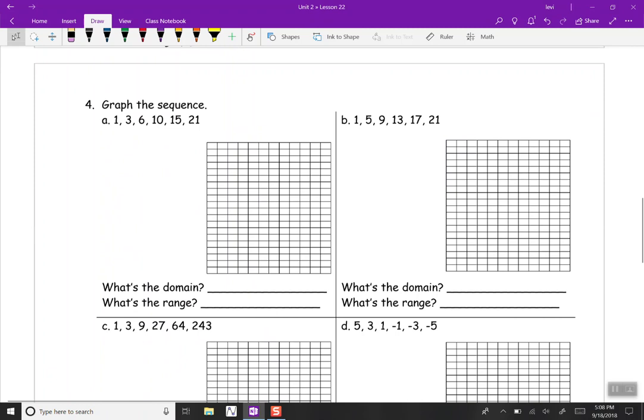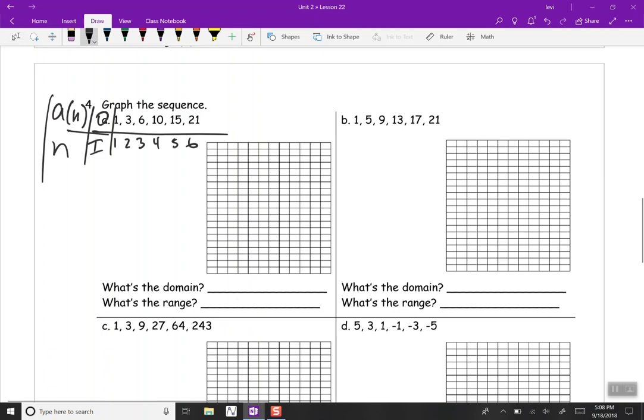Graphing the sequence. So, first the domain. The domain is inputs down here and our outputs up here. So that's 1, 2, 3, 4, 5, 6, right? Or this was our n, and this was our a of n.